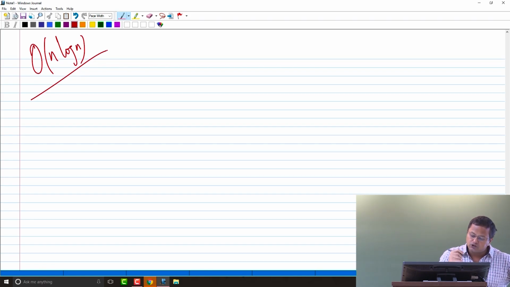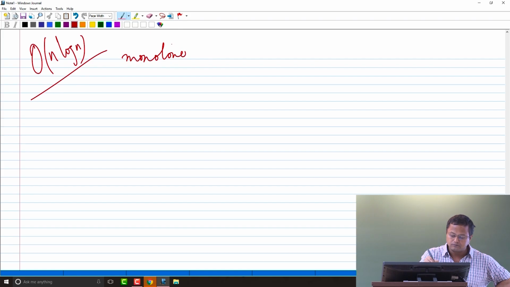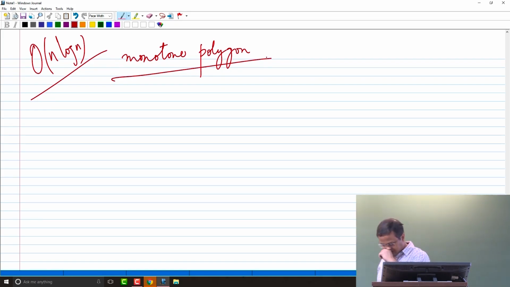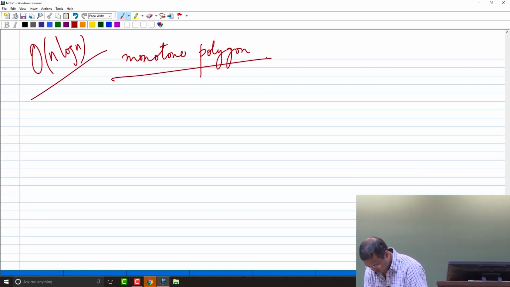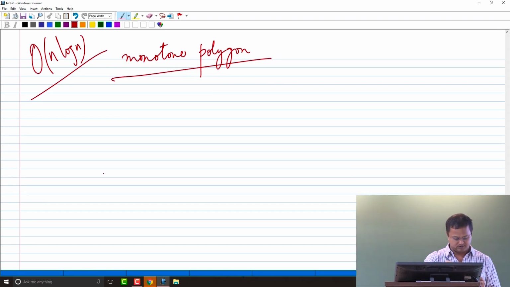So, first let us look at a monotone polygon. Let me see some nice diagrams from the book that would help me make you understand. Okay.